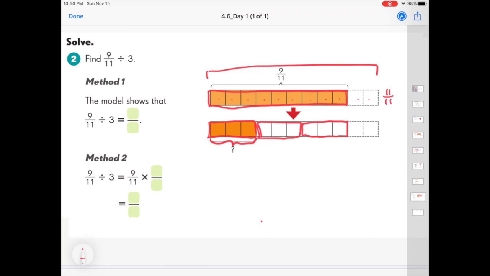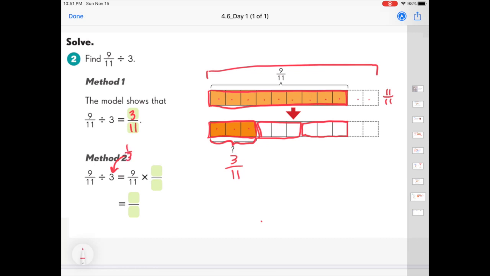When we divide it into 3 smaller groups, we can see that we have 1, 2, 3 elevenths. So those 3 elevenths represent what 9/11ths would be divided by 3. Now that's using the model. Let's look at the next method. Remember we said that whenever we're dividing by a number, we're actually taking a fractional part of it.